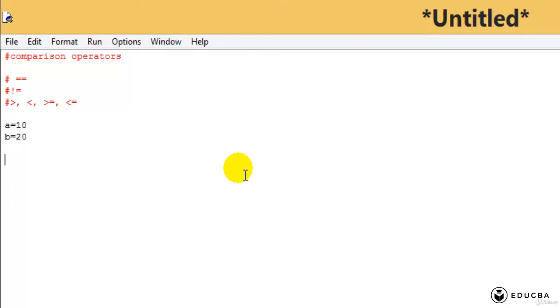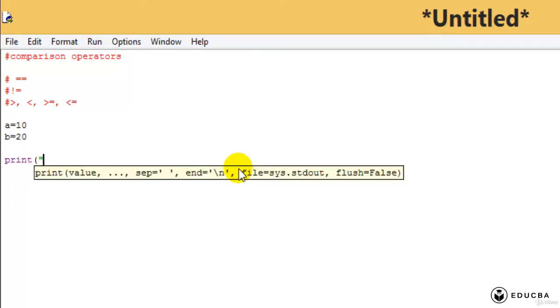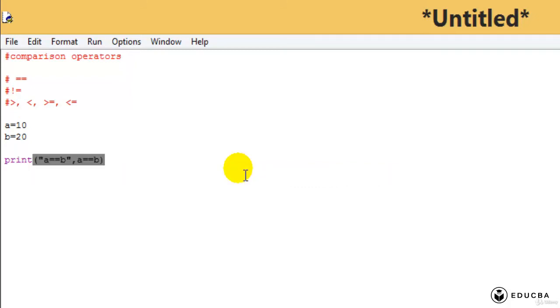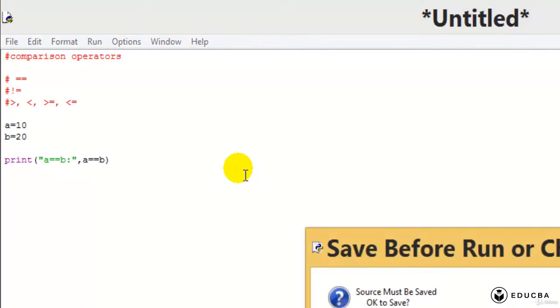If I print a equal to b, is this right or wrong? I'm just checking whether it's going to be true or false. So let's run this.